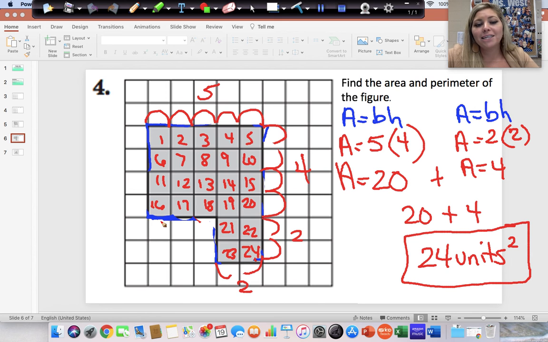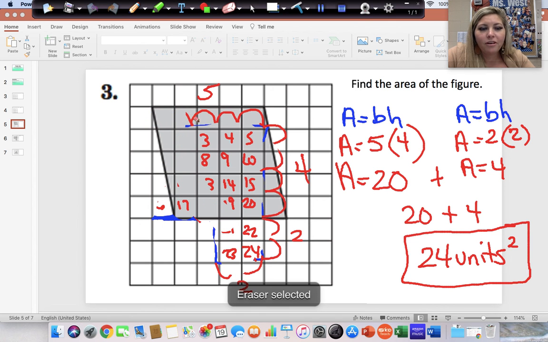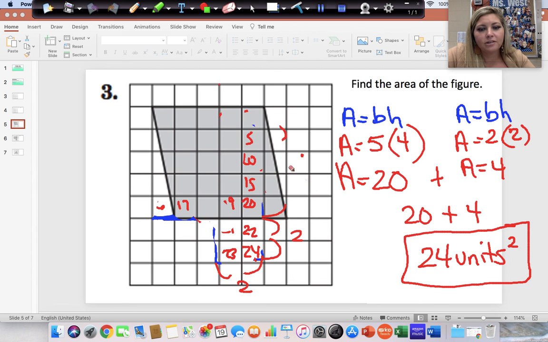So when you've got rectangles, it's really easy to find the area because you can just count the squares. But don't always rely on that. You'll need to rely on the formulas, base times height, because in problems like our last one, this one is a parallelogram. I know it's hard to see behind that. With our parallelogram, we cannot just count the squares here because not all of the squares are filled.